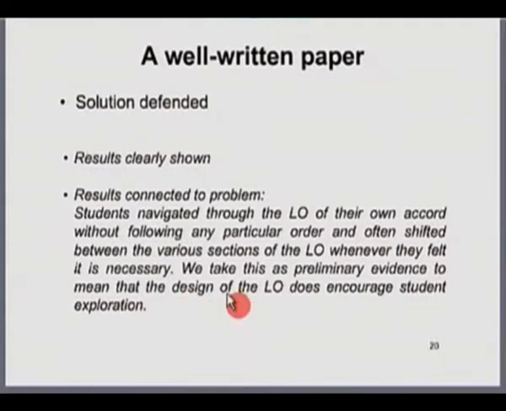So here they are saying that the results seem to confirm, it's preliminary evidence still, they are not proving anything, but they are finding a pattern or a connection between students' behavior and the intended design features of their learning objects.